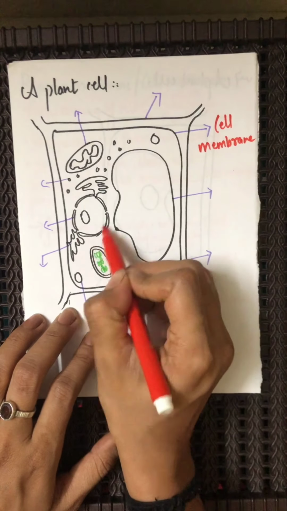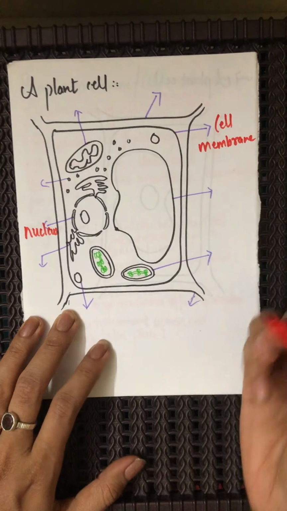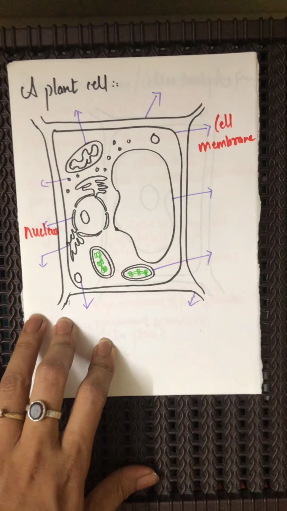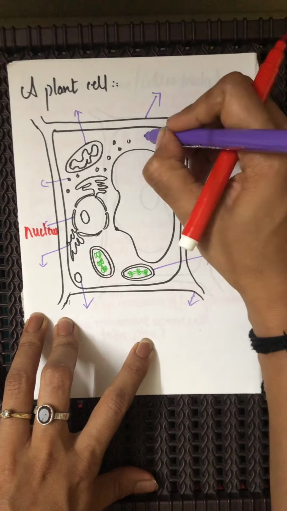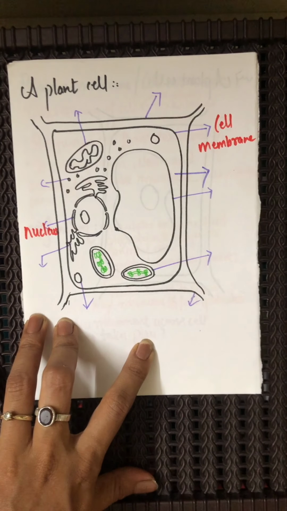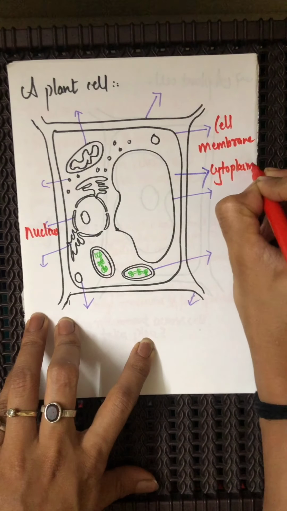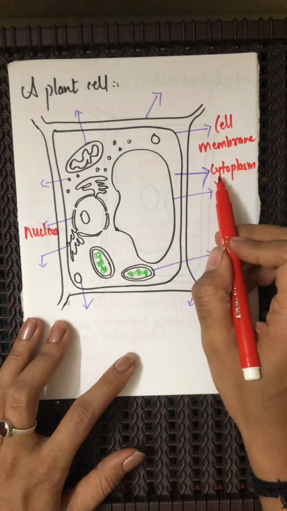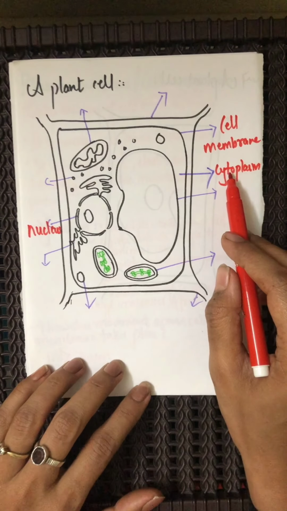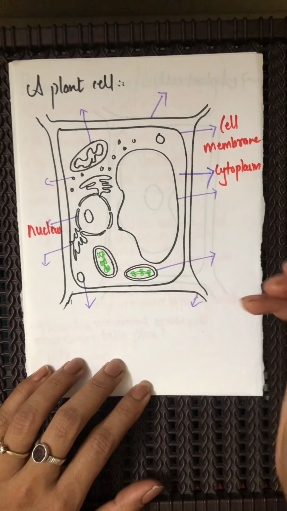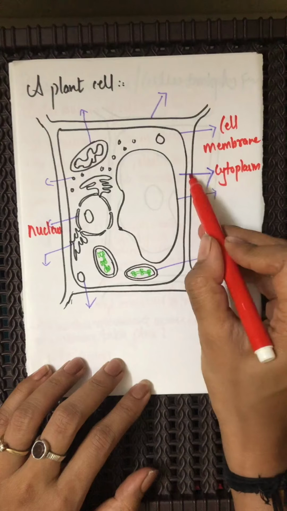Then we have the nucleus, and the next thing that is nothing but the cytoplasm, the plasm of the cell, the semi-fluid material of the cell. So here also it has the three basic features, that is the cell membrane, the nucleus and the cytoplasm.